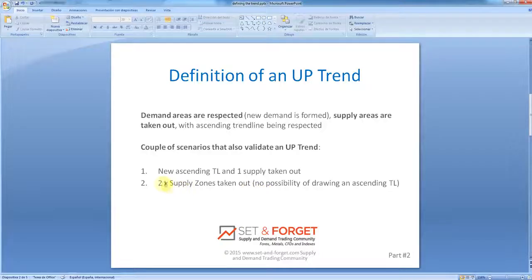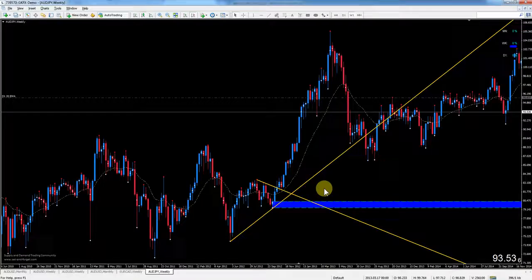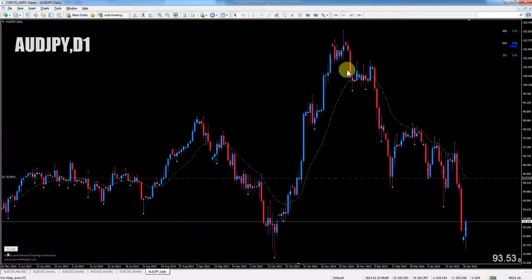Then we've got another scenario where two supply zones have been taken out without the possibility of drawing a new ascending trend line. And there, I believe we had an example on the daily over here. As you can see here, after we break lower and lower, we connect this ascending trend line over there, and then we've got a supply area right there.